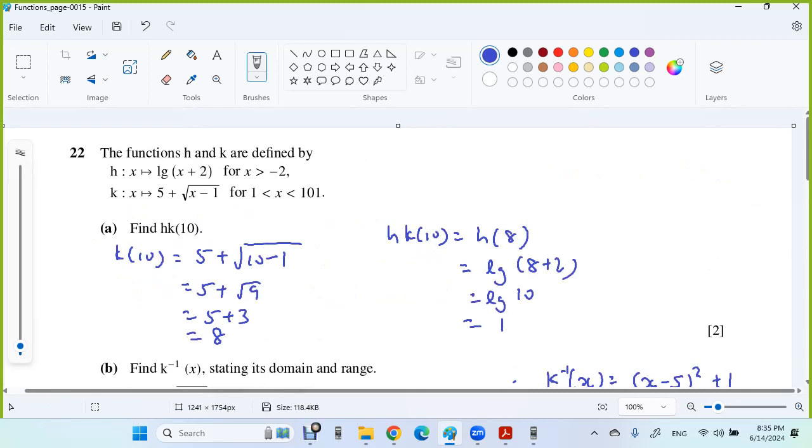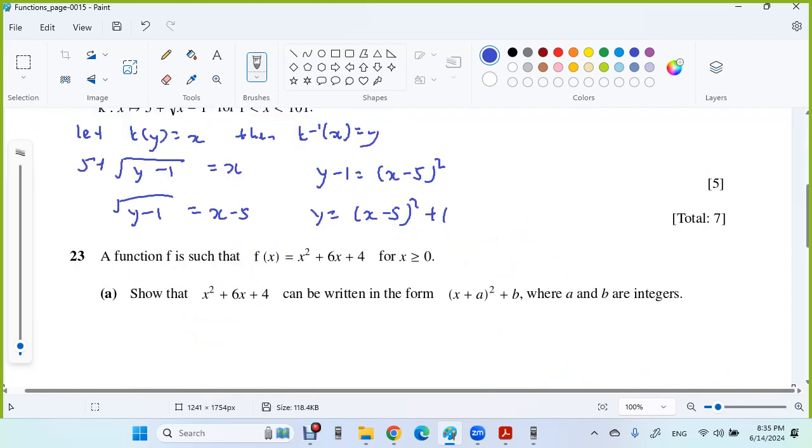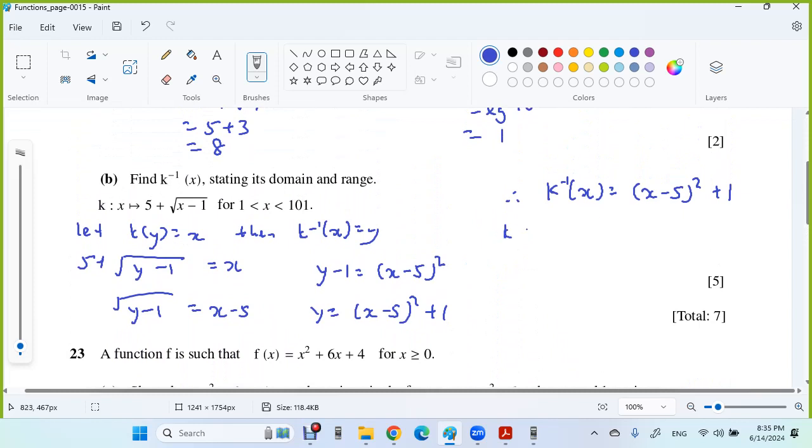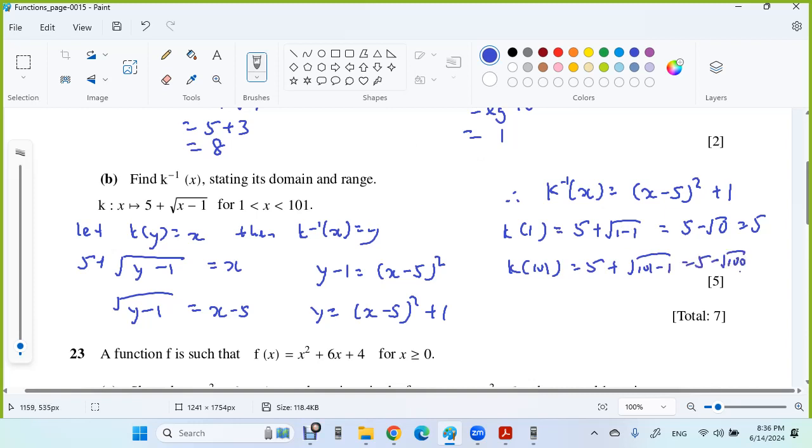Okay, so over here we know that k(1) is 5 plus square root of 1 minus 1, that is 5 plus square root 0, then it is 5. And then k(101) is 5 plus square root of 101 minus 1, is 5 plus square root 100, then it will be 5 plus 10, which is 15.